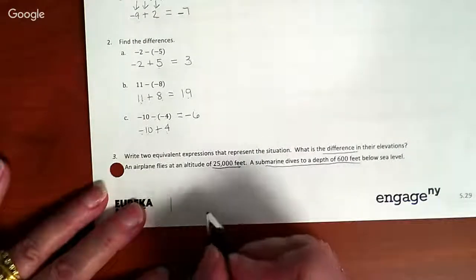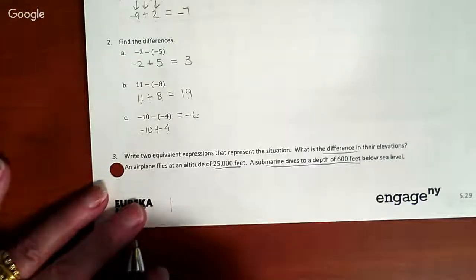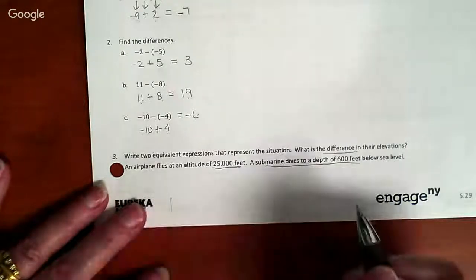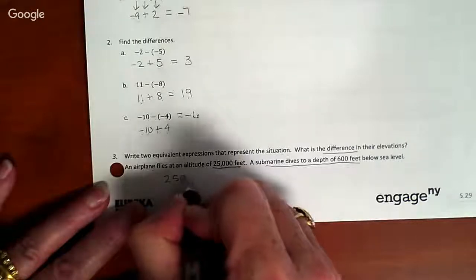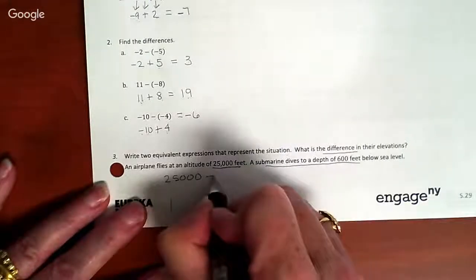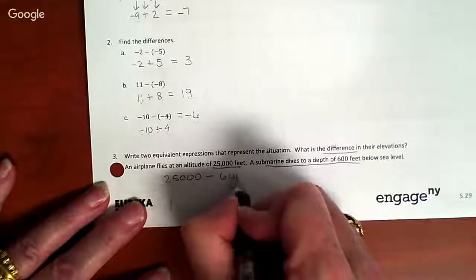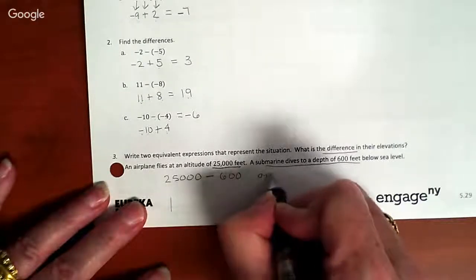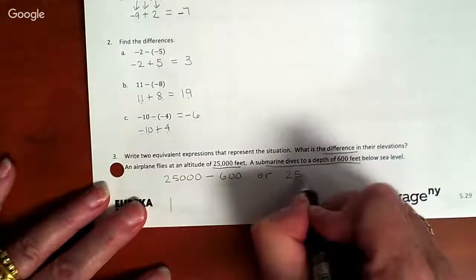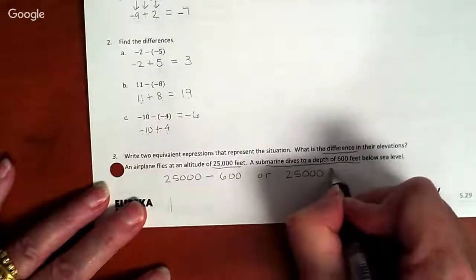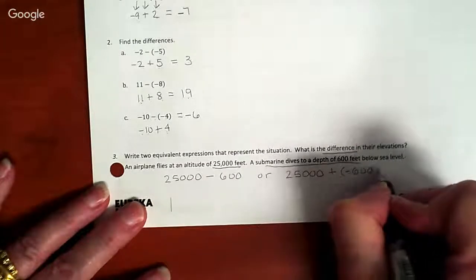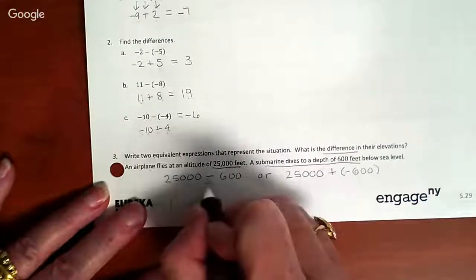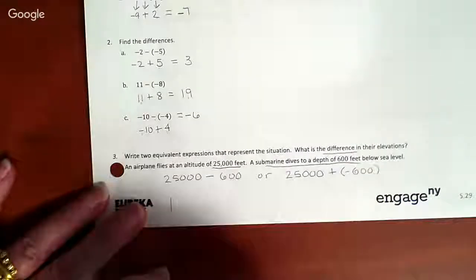So I can write this one of two ways, as a subtraction problem and an addition problem. So 25,000 minus 600, or 25,000 plus a negative 600, because of leave, change, change.